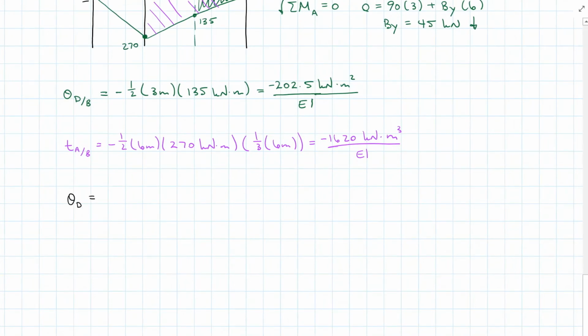Theta D is going to equal theta DB, which is the 202.5 kilonewton meters squared all over EI. And we're going to have to use a little bit of creative license here.